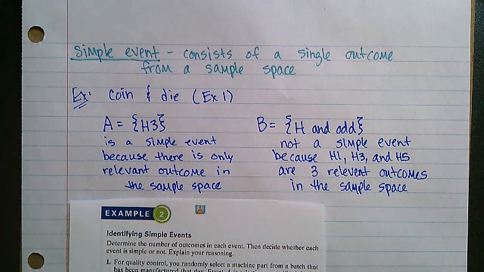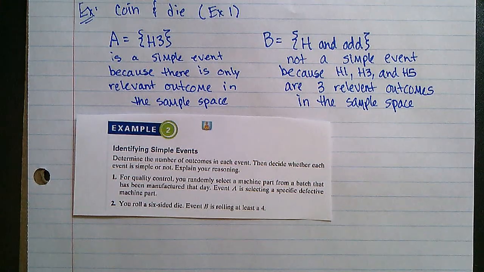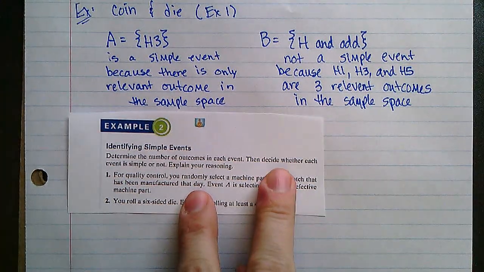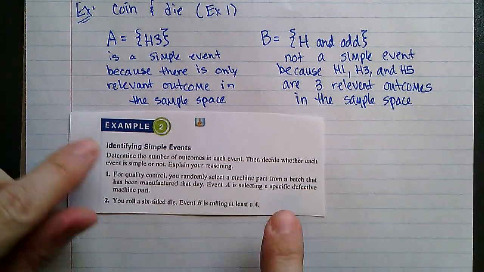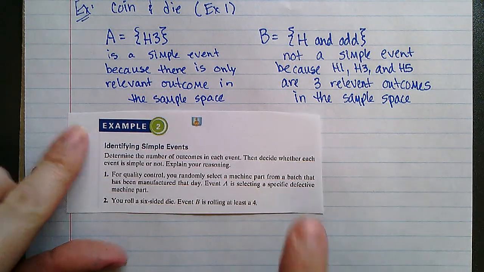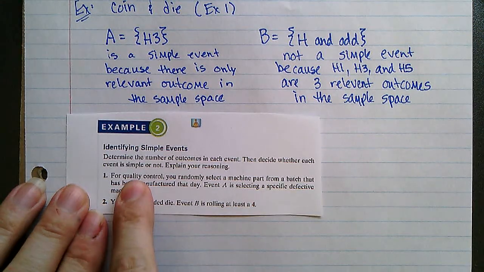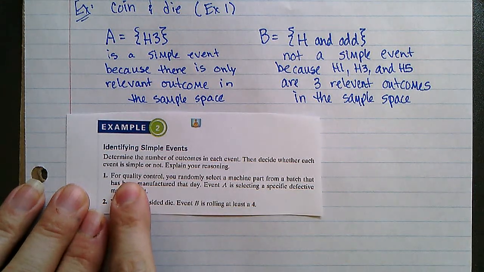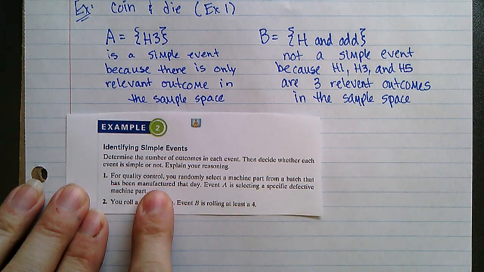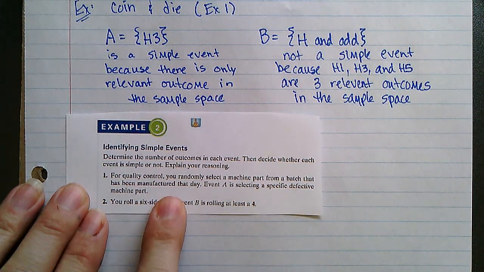So let's do some more practice in identifying simple events. Determine the number of outcomes in each event, then decide whether each event is simple or not, and explain your reasoning. So, for quality control, you randomly select a machine part from a batch that has been manufactured that day.